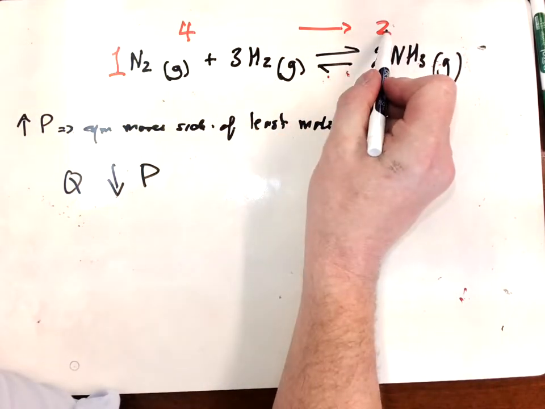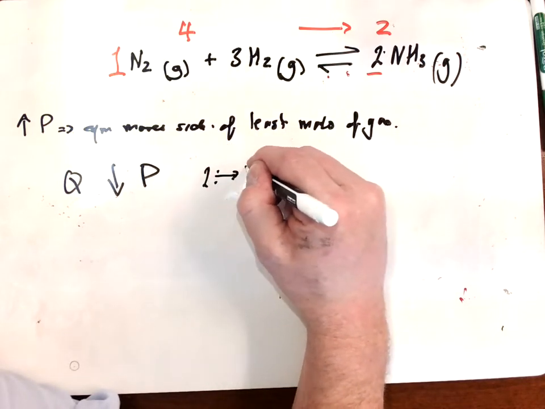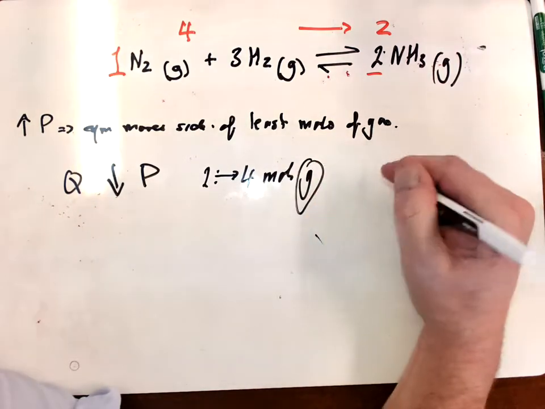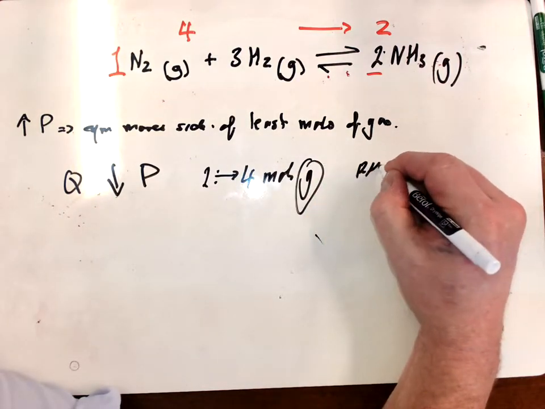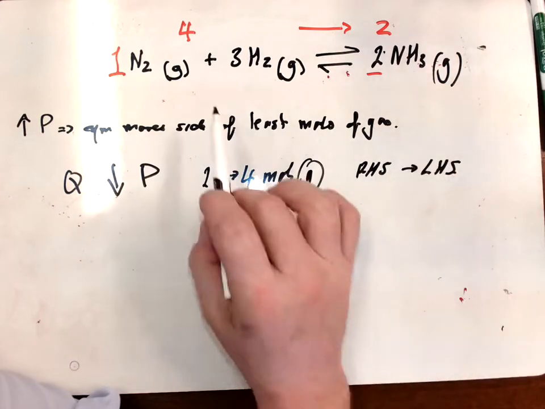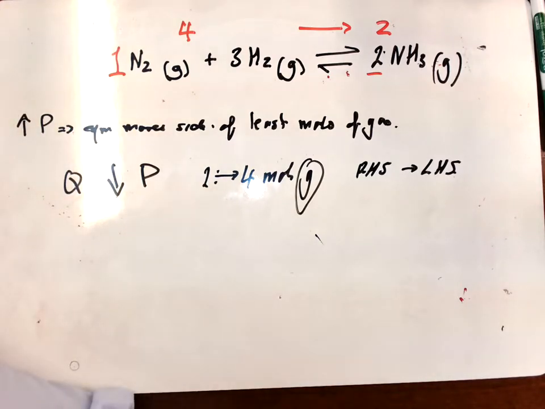So in this case, it would move from 2 to the side with 4 moles of gas, so from the right hand side to the left hand side. If there were the same moles on each side, it wouldn't make any difference in terms of pressure. Likewise, in the previous one about heat, if the energy change or delta H was 0, temperature would leave the reaction unaffected.